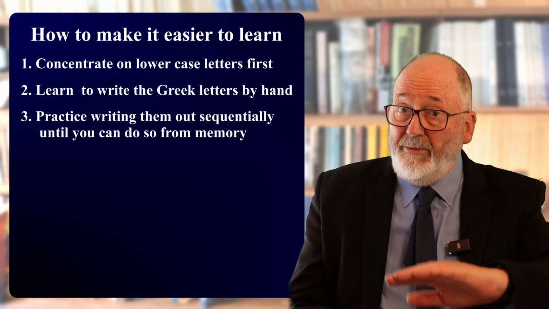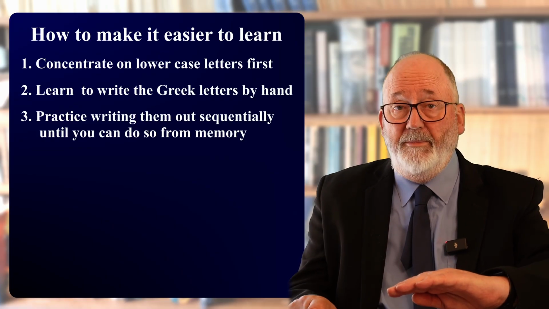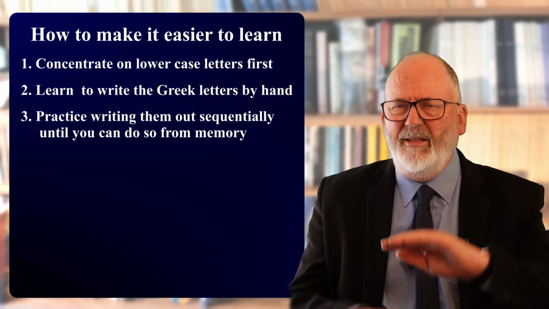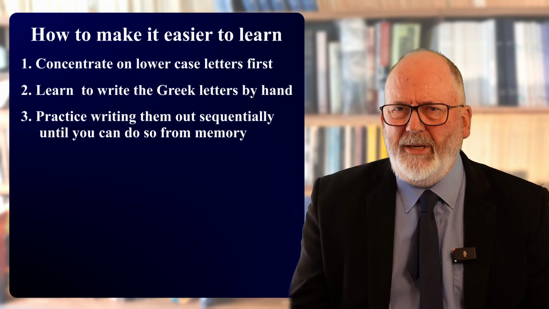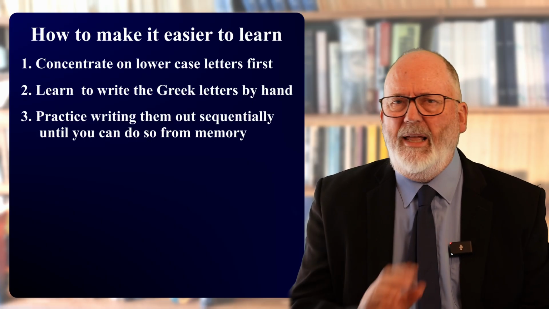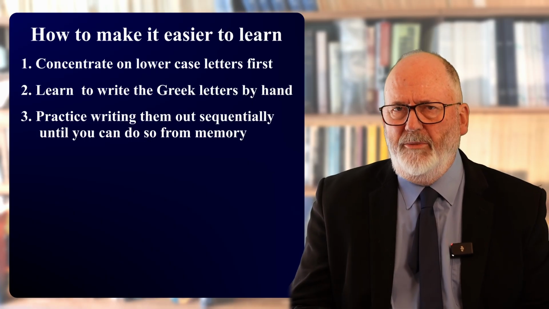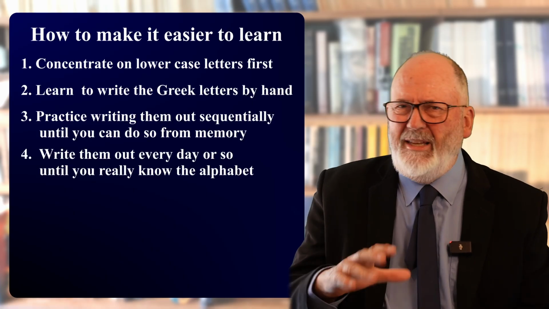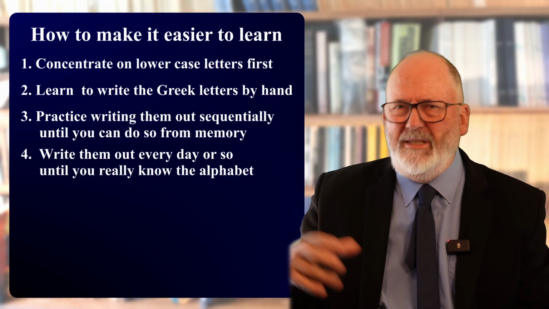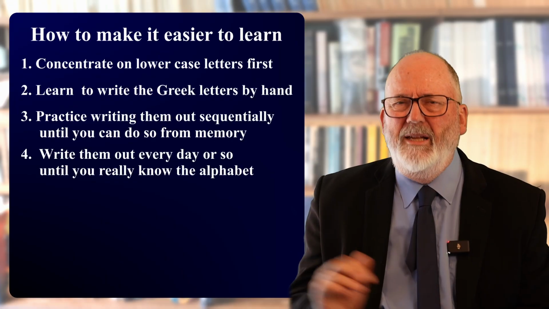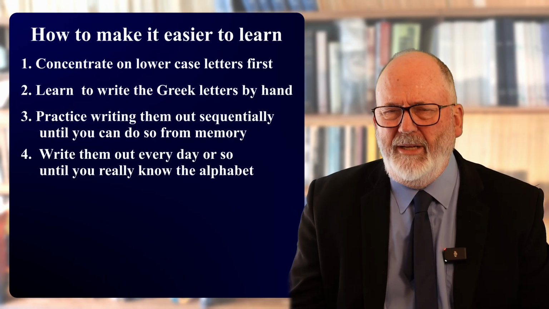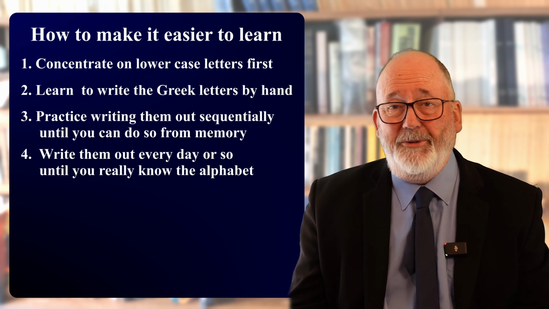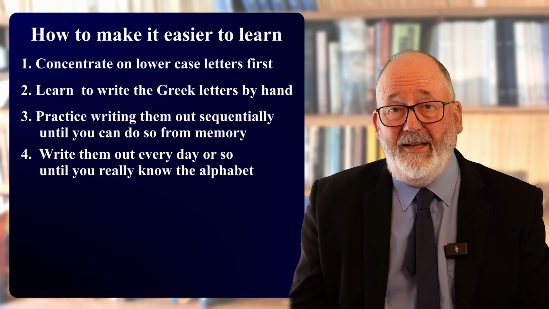But if you cover up the original, write out what you remember, then check, then write it out again, then check, then write it out again, you will quickly learn the Greek alphabet and in the order in which it should be known. And then you need to rehearse this, maybe every day for a while, and then every second day, then once a week. But you will quickly have the Greek alphabet in your head, because if you're doing any work with Greek, you'll be using the alphabet a lot.